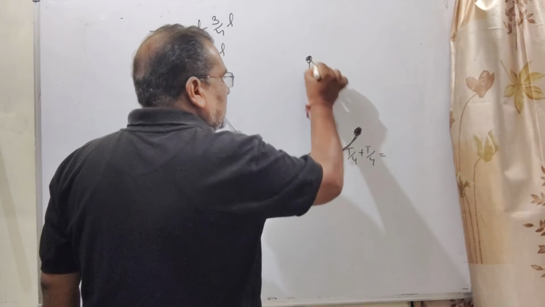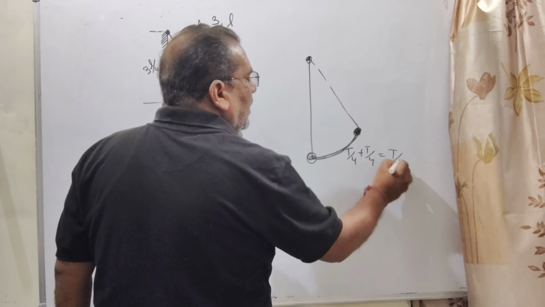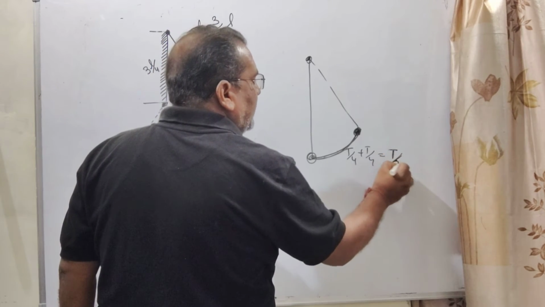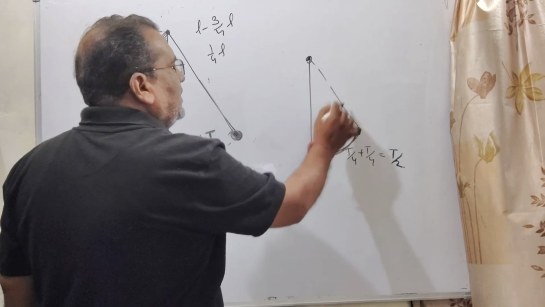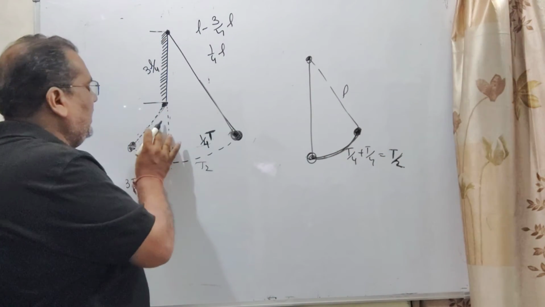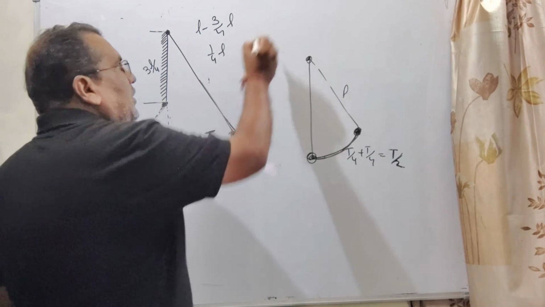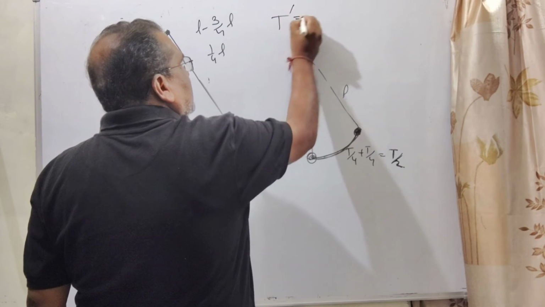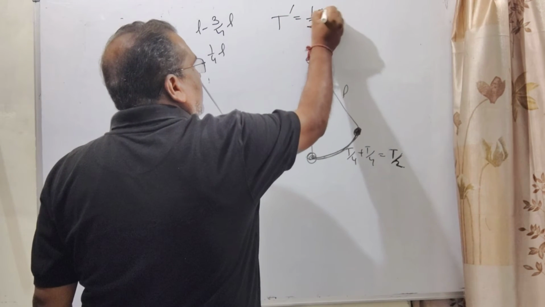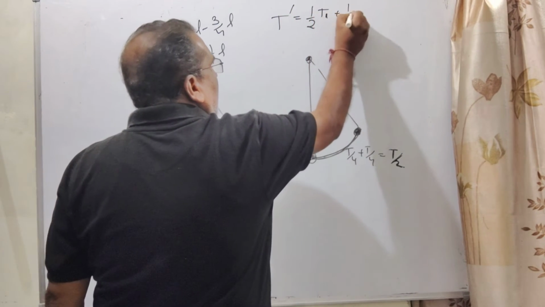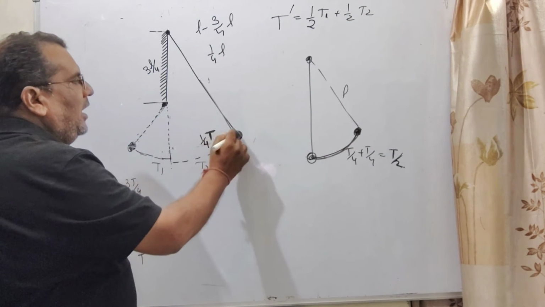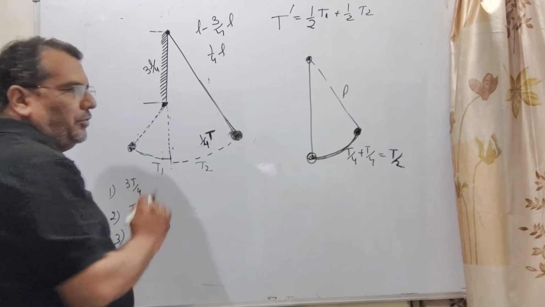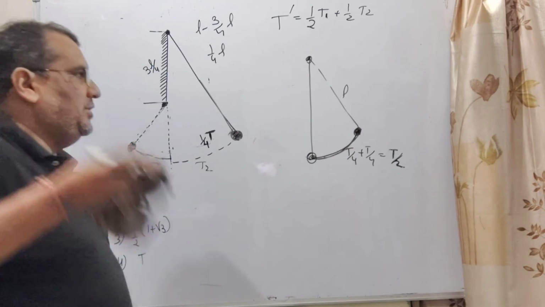So for this portion T by 2 time period is taken, and the same thing applies here, but here the length is L, and in the second half the length is changed. So the net time period T dash is equal to half of T1 plus half of T2. For this time period we have labeled T1, and for this time period labeled T2. Why? Because the length is changed.